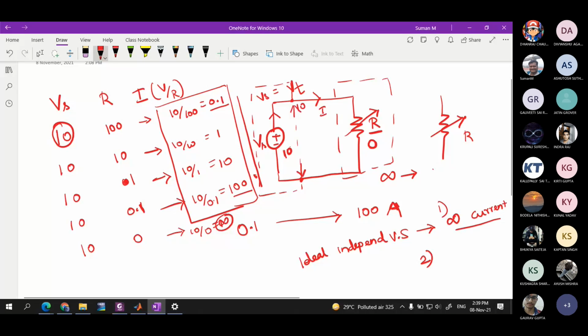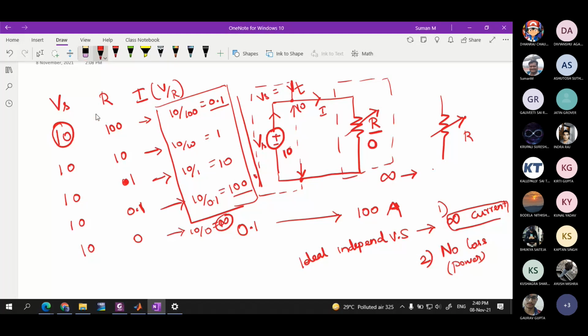Why I have taken it as a terminal voltage, I will tell in the next part. But here this ideal independent voltage source can supply infinite amount of current with no loss. Loss in the sense, generally it is a power loss. There is no power loss within the source.